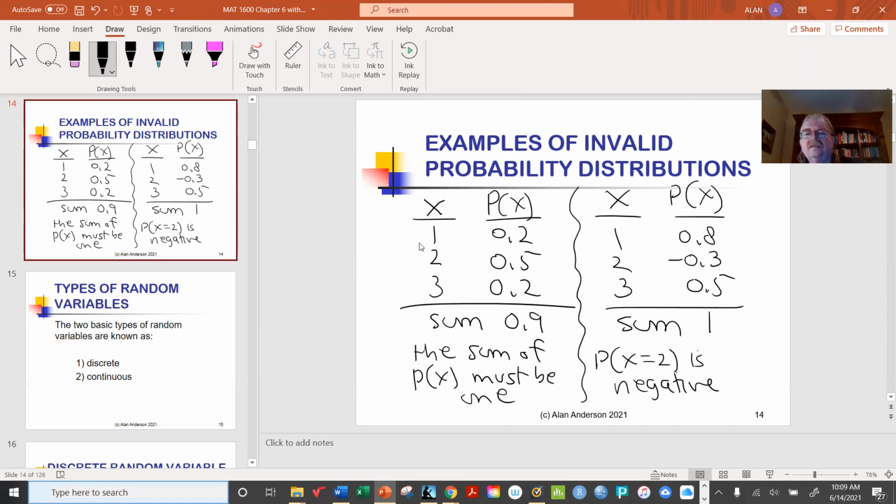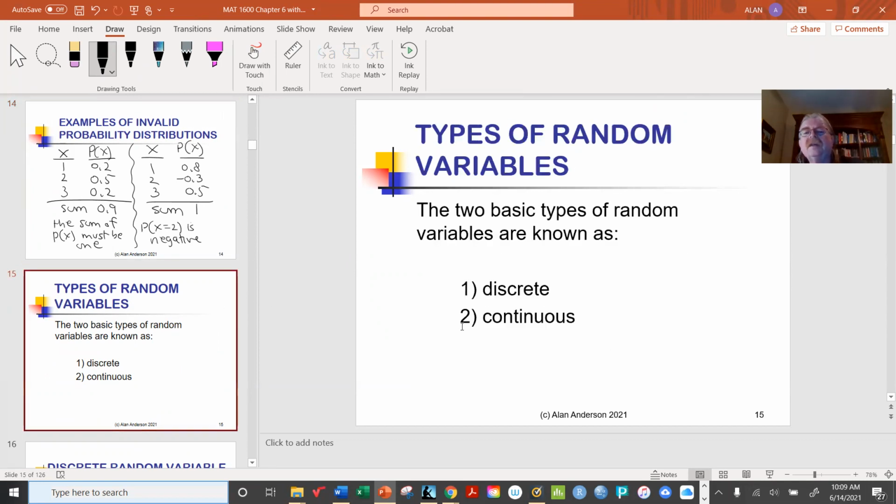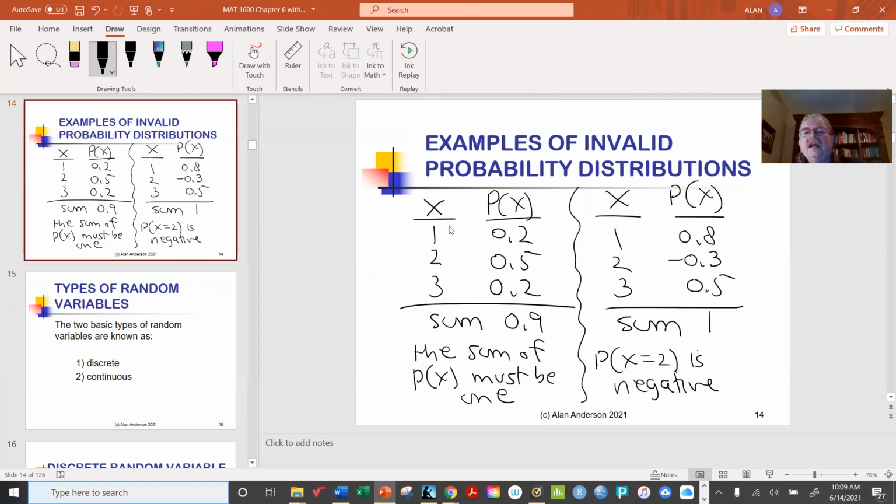That makes it discrete, okay? In order for it to be continuous, the number of possibilities has to be infinite. And obviously, if there's an infinite number of possibilities, we can't squeeze them all into a table. So the fact that these are listed in the table is enough to show you that these are discrete, or these would be discrete if they had the right probabilities.